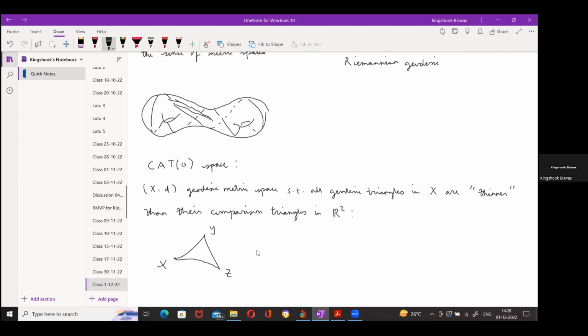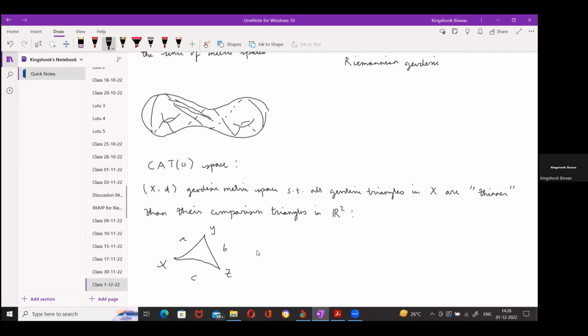If I take the lengths of the sides to be a, b, and c, then because we're in a metric space, they satisfy the triangle inequalities: a plus b is greater than or equal to c, b plus c is greater than or equal to a, and a plus c is greater than or equal to b. And these are non-negative numbers.